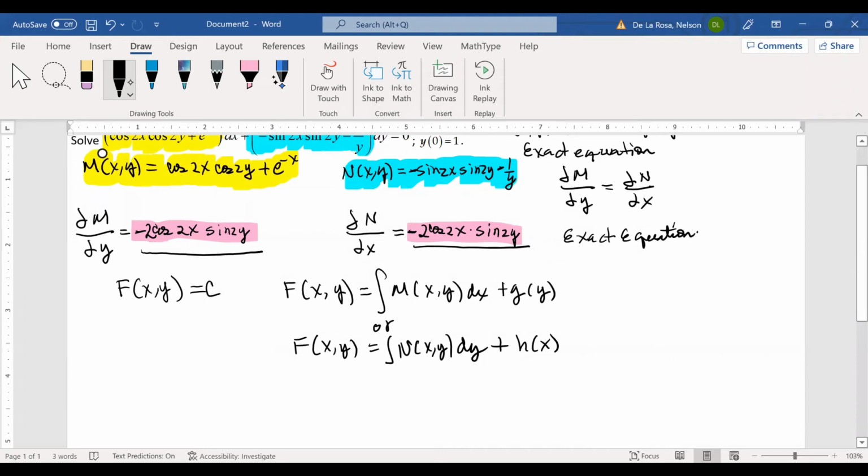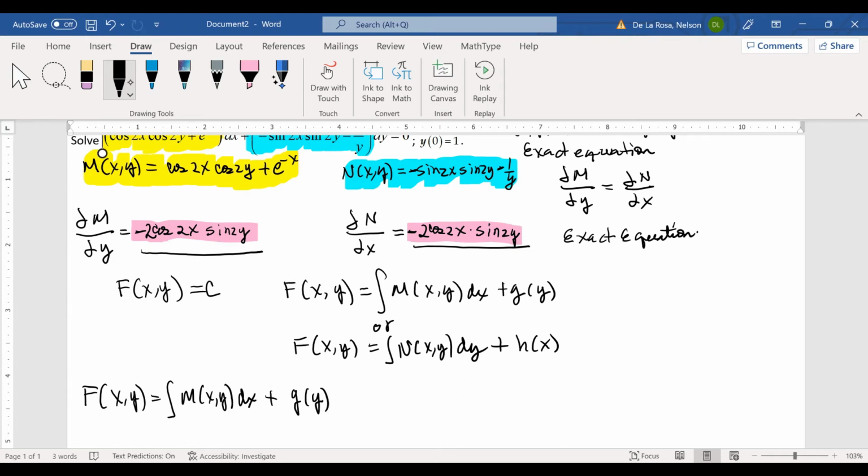I'm going to use the first one, but the second way leads to the same answer. So we're going to find the integral of M plus some function depending on y.